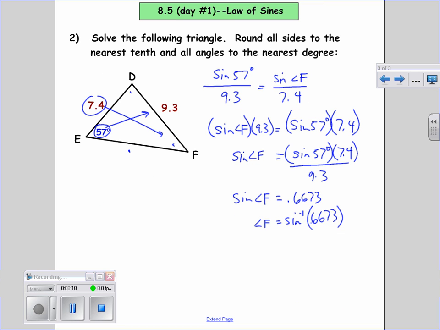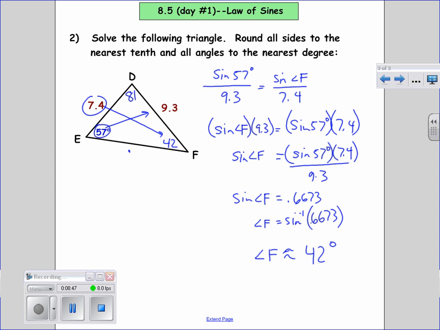Plug it in your calculator, and you get angle F is approximately 42 degrees. Okay, so you plug it in, 42 degrees. Now I can do my quick math again to get this unknown angle D is 81 degrees because they have to add up to 180.